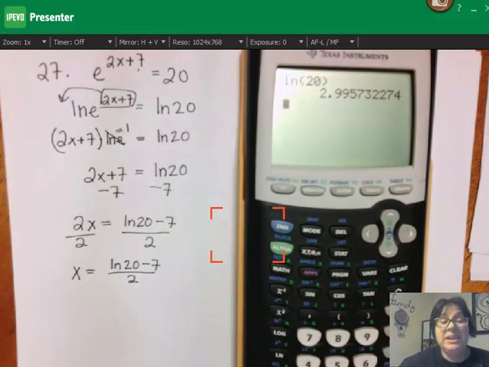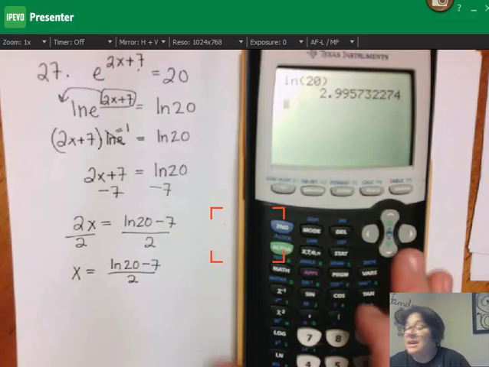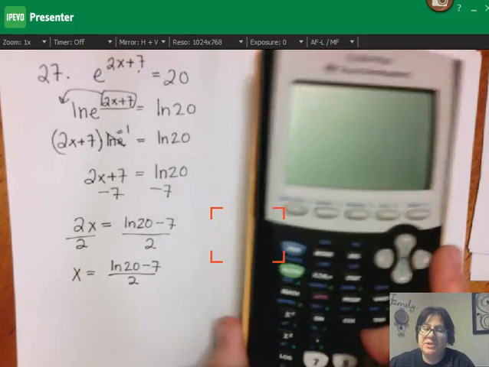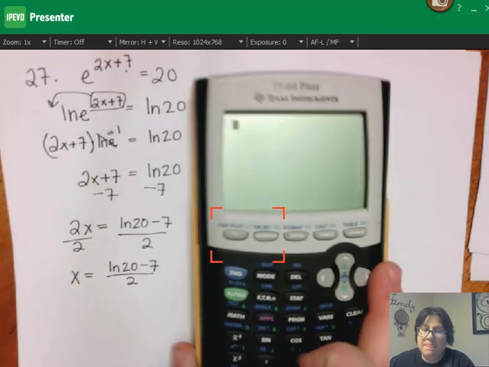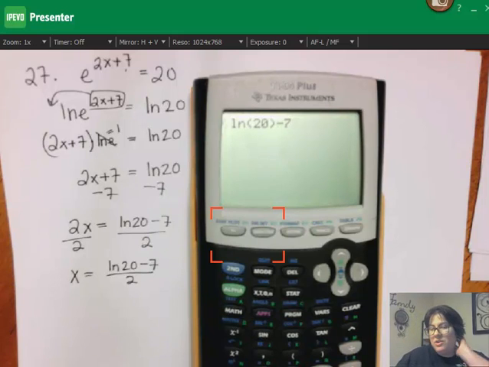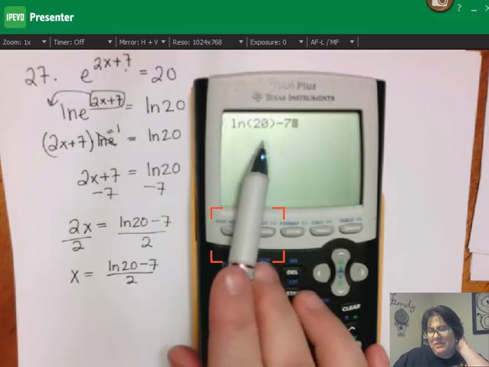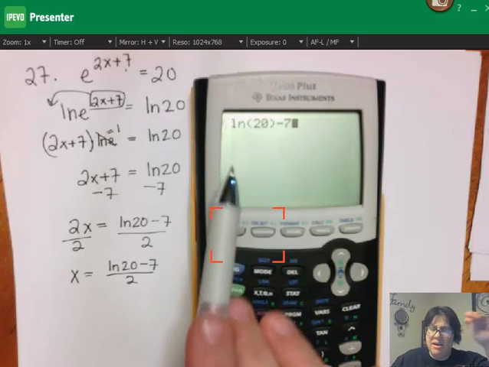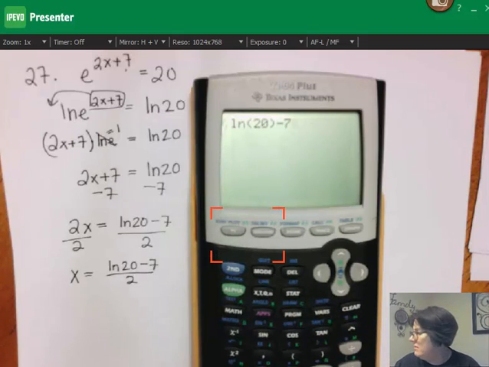Okay. Now you might get all of that in the test and still might not type in your calculator right, so I'm going to show you that. So I go ahead and do the natural log of 20 minus 7. Okay, notice I close the parenthesis on the natural log of 20 because that's a number. On that number I want to subtract 7, so enter. And then divide that by 2.